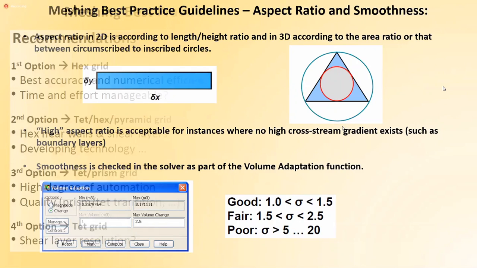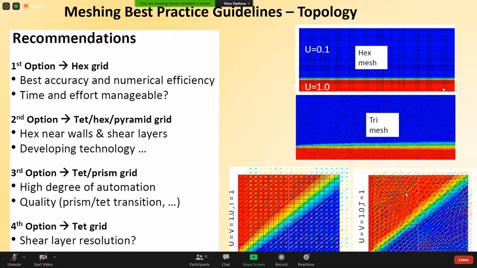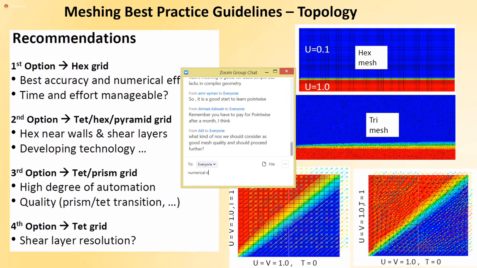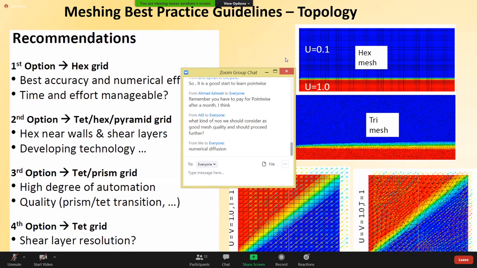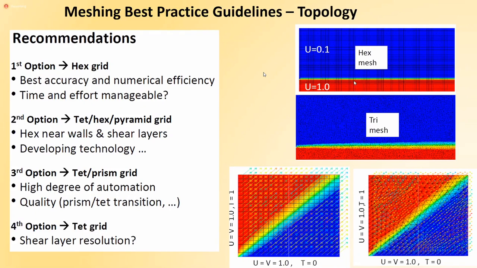You see here hex mesh versus tetrahedral mesh, and what you're supposed to see is that when the flow is aligned with the cell surface, then it makes a difference that you use hex mesh over a tetrahedral mesh. When the flow is not aligned, you see that the results are kind of the same.